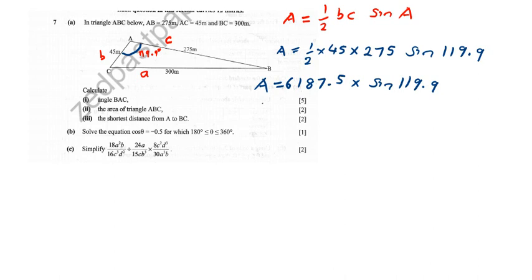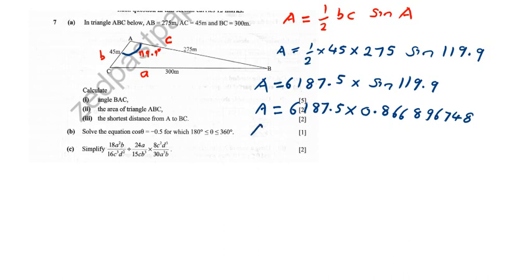So area is equal to 6187.5 times, so you do sine 119.9, we are getting 0.866896748, like that.